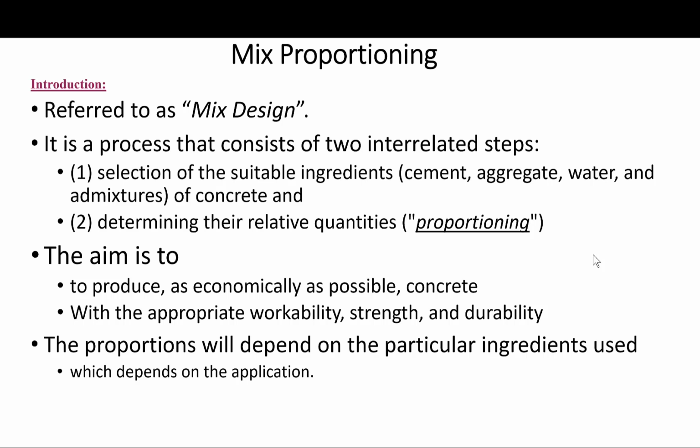And the second is determining their relative quantities, which is basically the proportioning, to produce as economically as possible concrete of the appropriate workability, strength, and durability. These proportions will depend on the particular ingredients used, which will themselves also depend on the application where the concrete will be used.